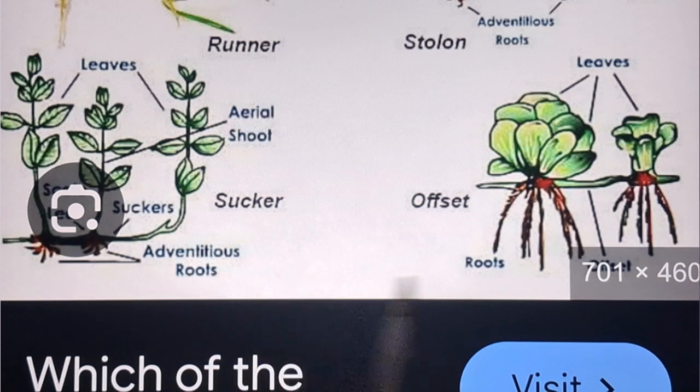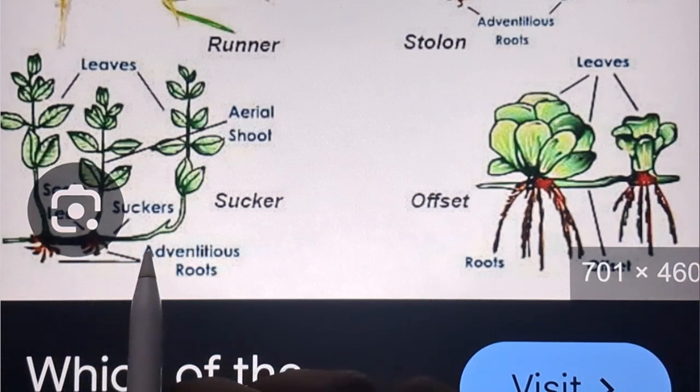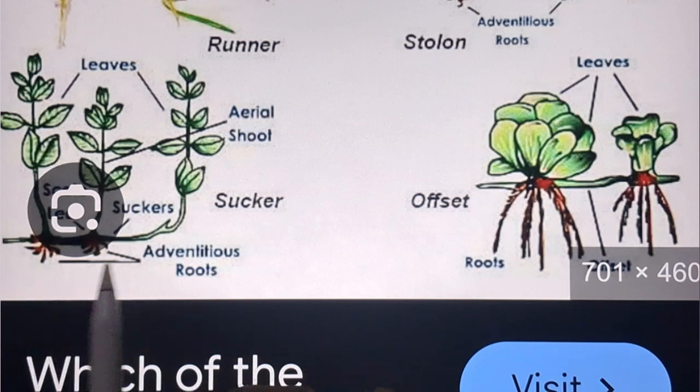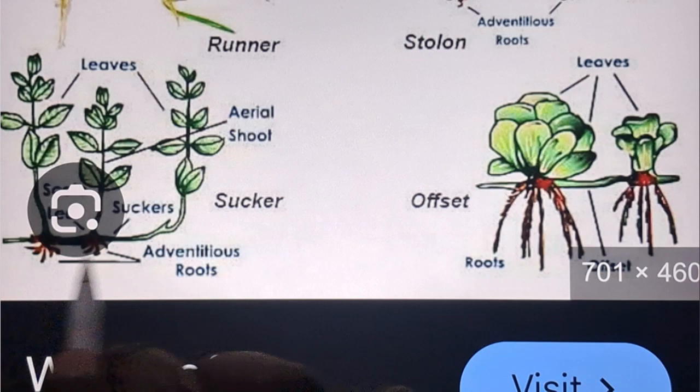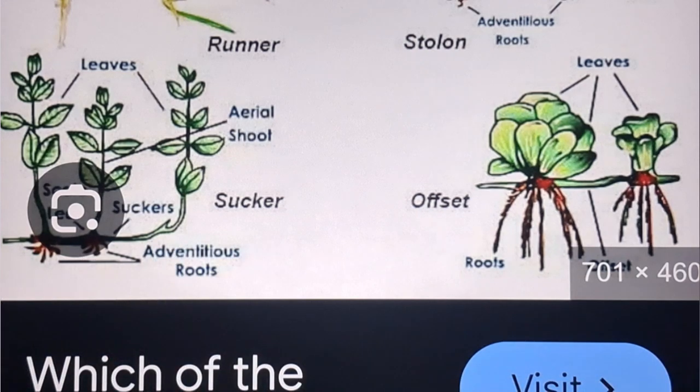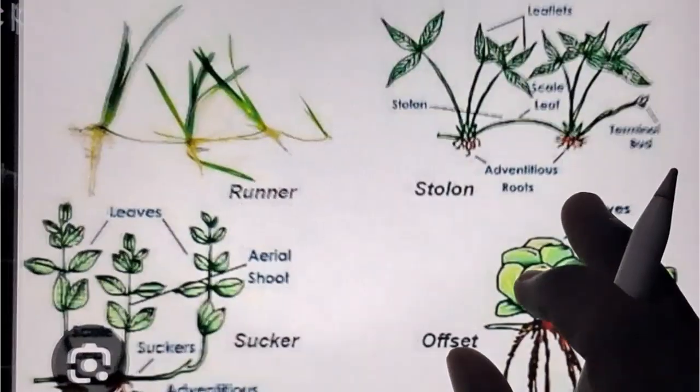The examples of sucker are banana and pineapple. A lateral branch originates from the basal and underground portion of the main stem and grows horizontally beneath the soil. Okay, so these are examples.